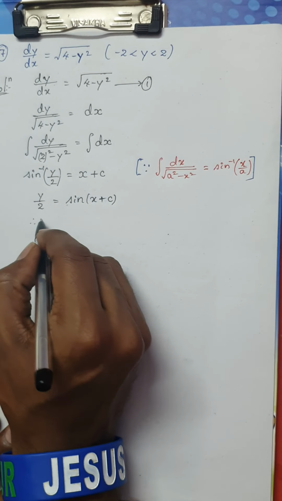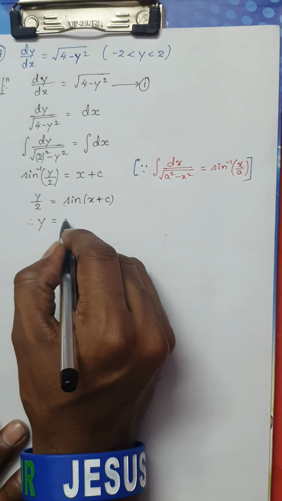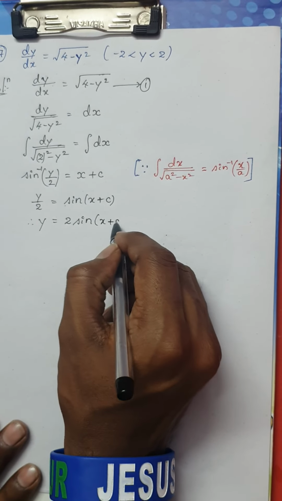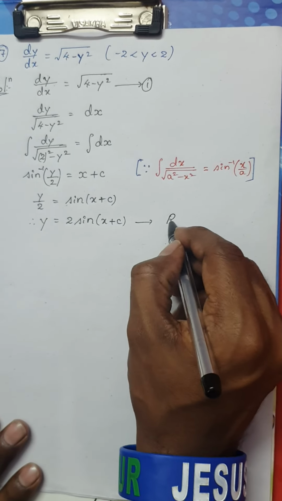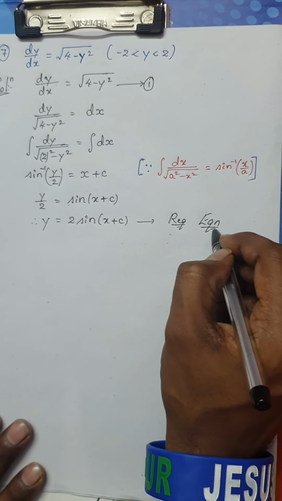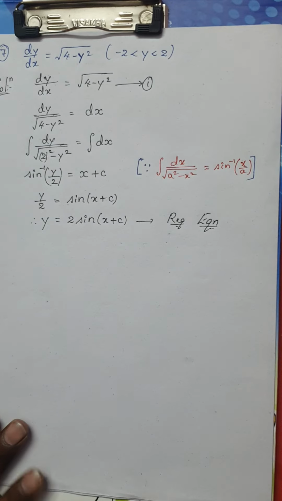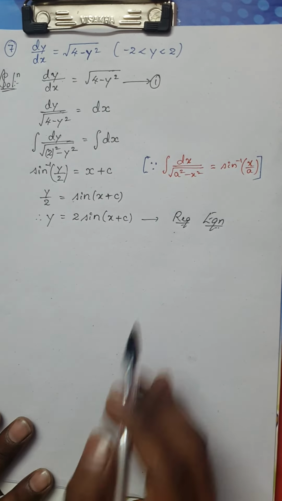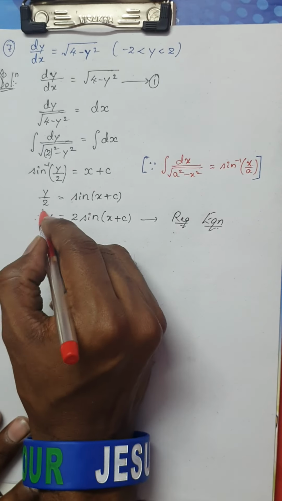Therefore, my required general solution would be y is equal to 2 times sine of x plus c. This is my required equation. I'm writing in short form, but I hope you have a good habit of writing it in full form.